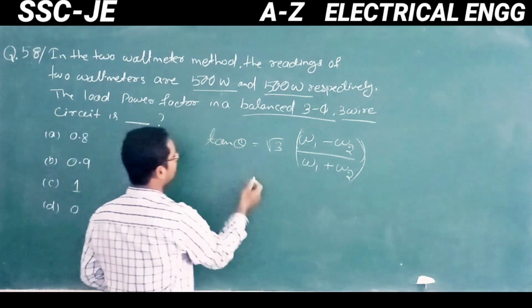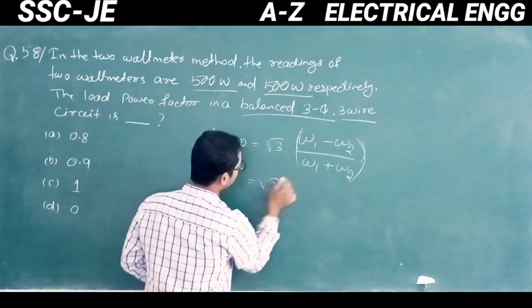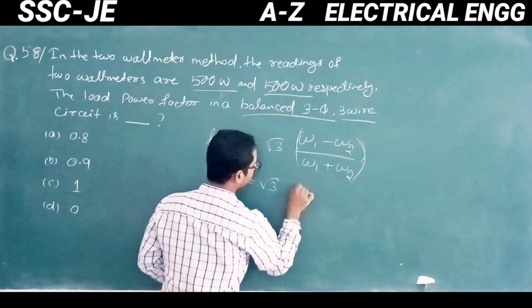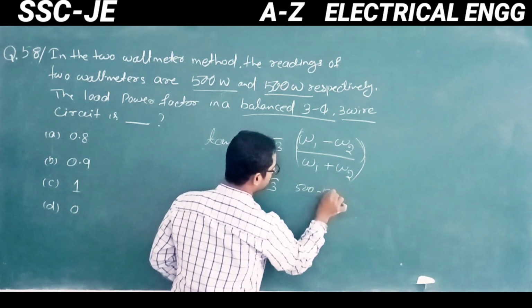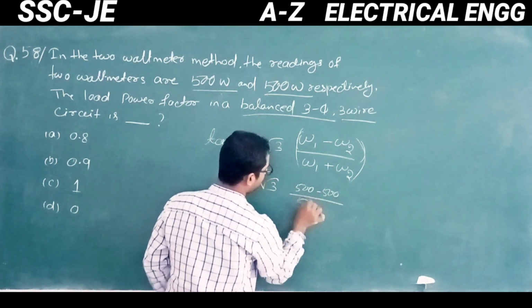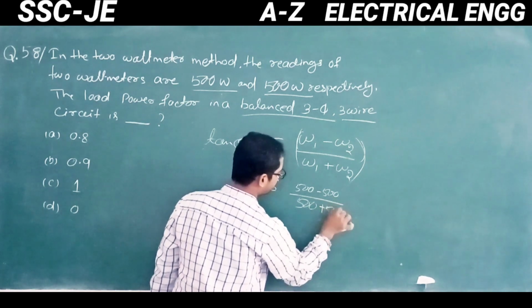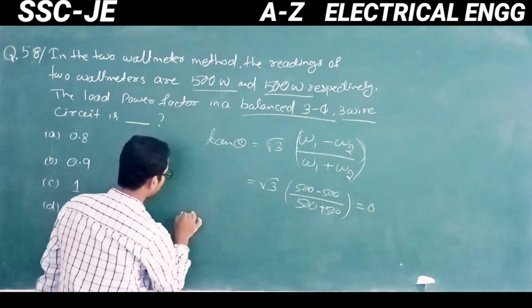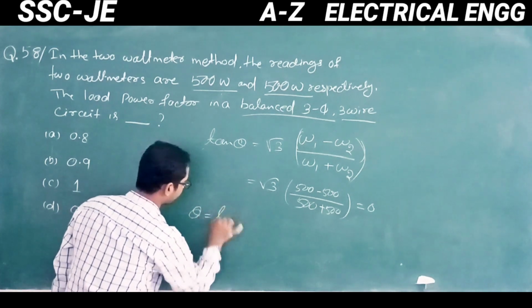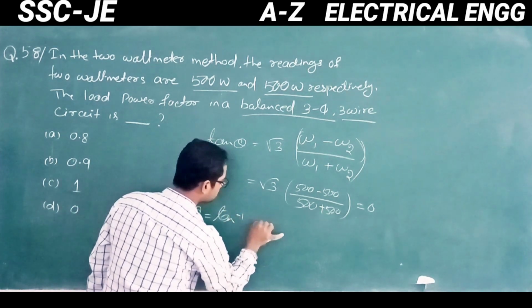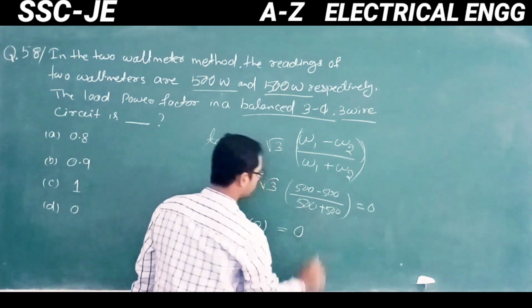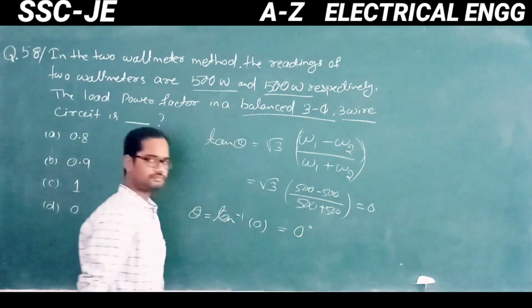So if we put that data here, root 3 times W1 minus W2, so 500 minus 500 divided by 500 plus 500. So this will be 0. So tan theta is equal to 0. So theta will be tan inverse 0. So again we are getting 0 degree.